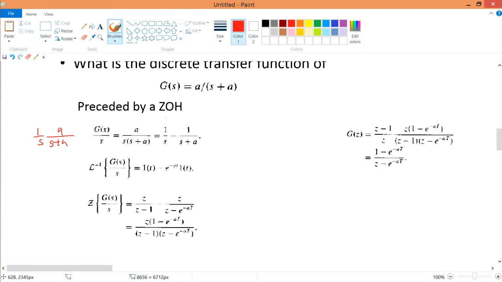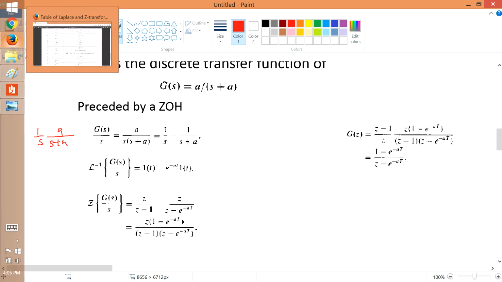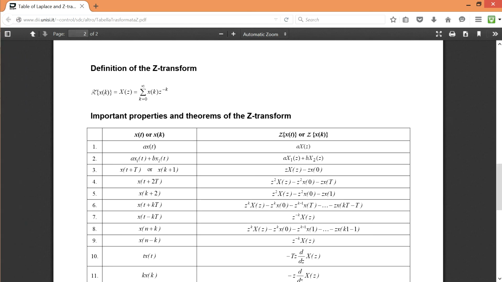Alright, so now you're going to change it to the time domain. I think you're professional already. 1 over S, you change to the time domain is 1. If you change 1 over S plus A, what you get is e to the minus AT. Alright, that's straightforward. Okay? And then now you're going to use your table.